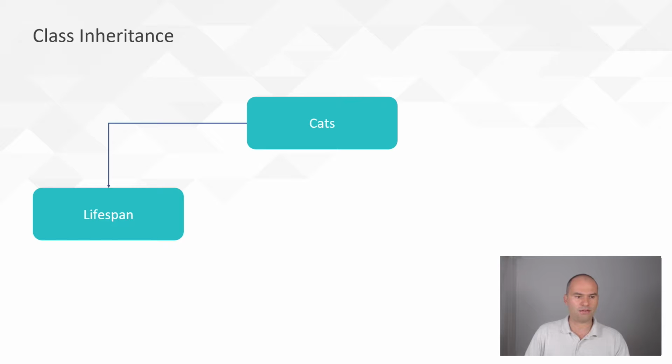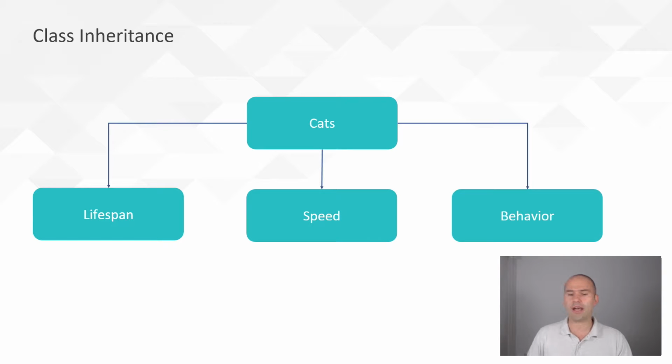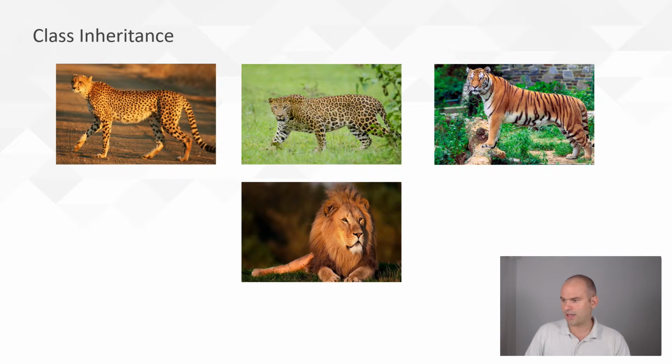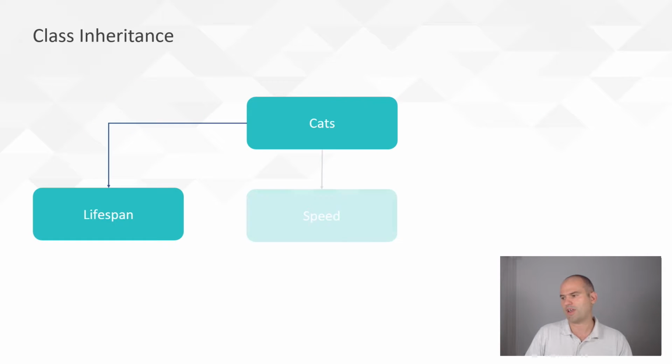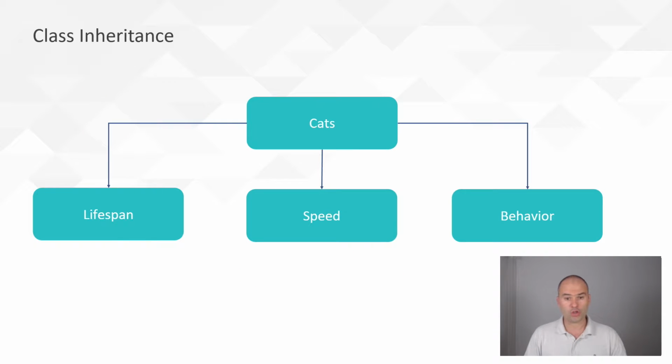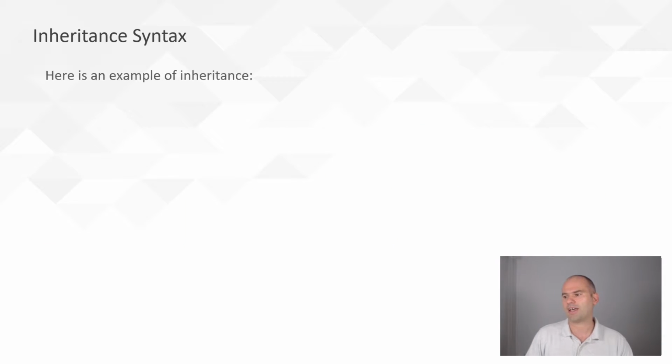Cats have lifespan, speed, and for now I'll just generalize and say behavior. So going back, all of these, cheetah, leopard, tiger, lion, all of these are cats, with lifespan, speed, and behavior. So these could be children classes inheriting from a cat main class.